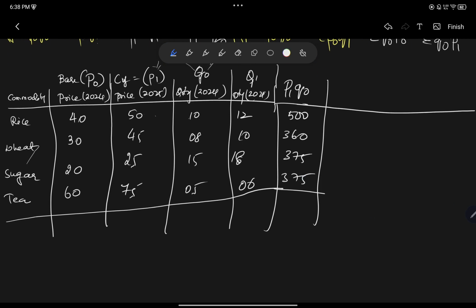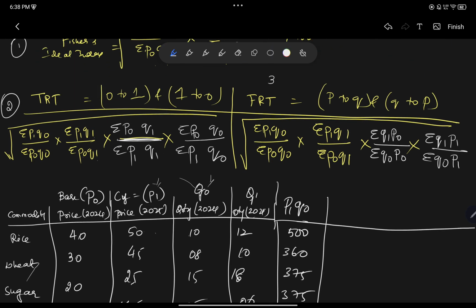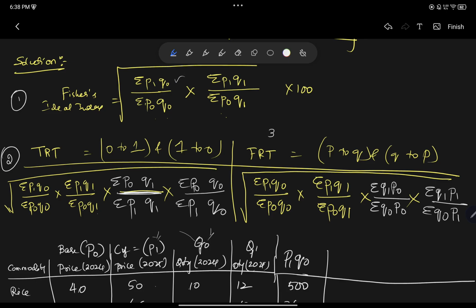Now if I add up all this, 500 plus 360 plus 375 plus 375, I got 1610. This is summation of P1 Q0.